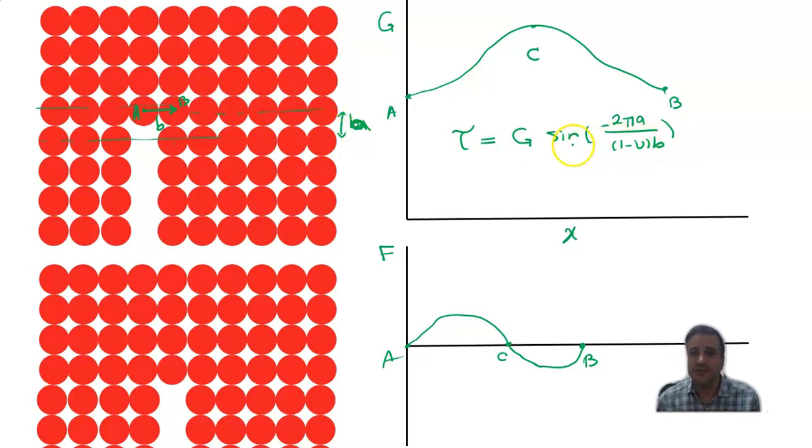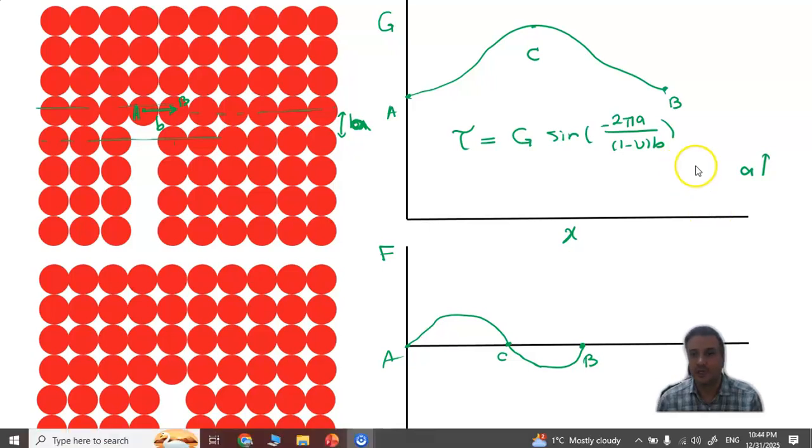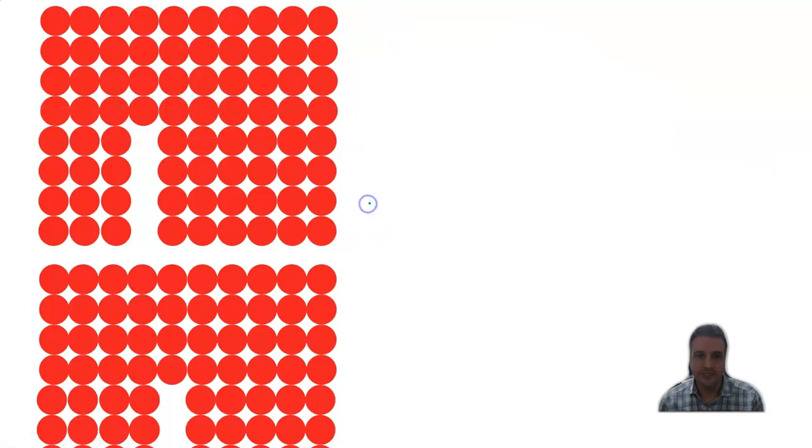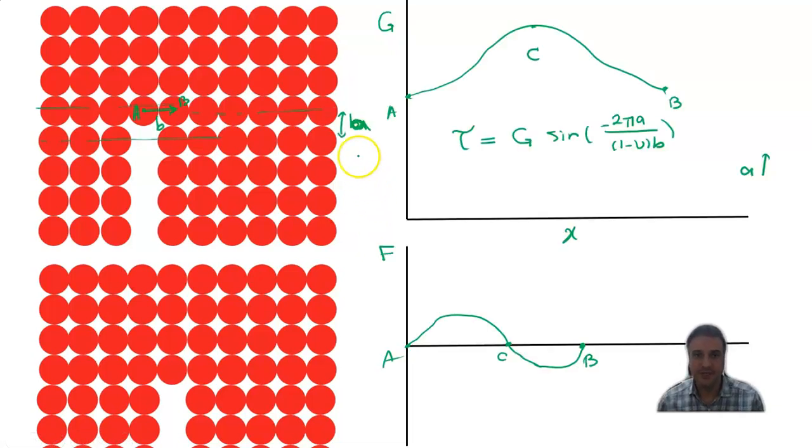As you can see in this equation, when we increase the A value, the amount of the shear stress that we need decreases. This A value is the distance between the crystallographic planes that slip with respect to each other.